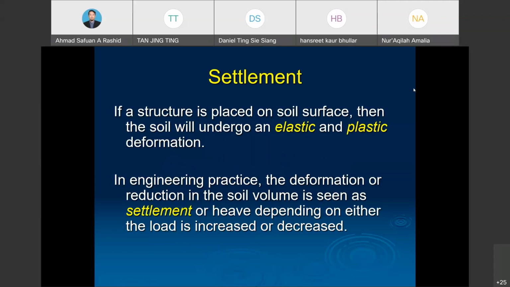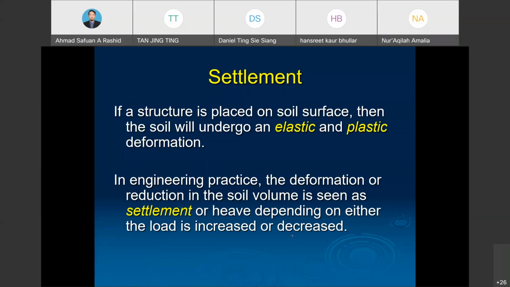So a brief introduction on settlement. If a structure is placed on the soil surface, then the soil will undergo elastic and plastic deformations. I guess most of you know this when we discuss the stress strain curve.